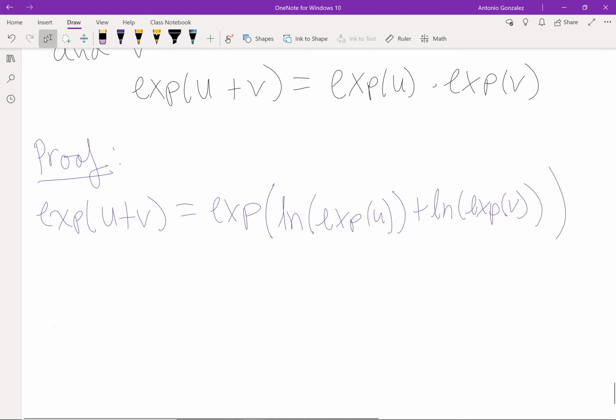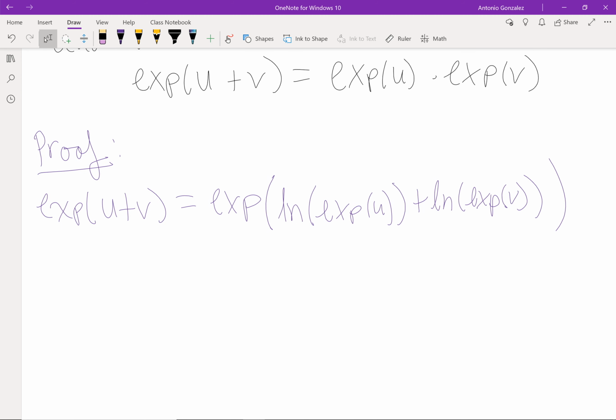The next step, using properties of logarithms, the logarithm's addition changes it to a multiplication: u times exponential of v.